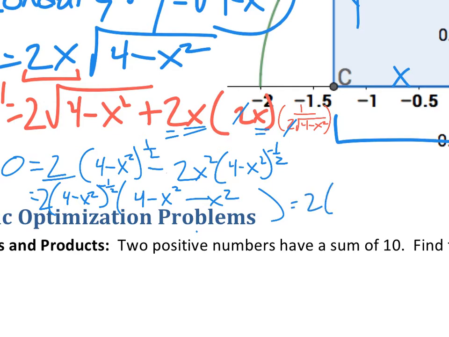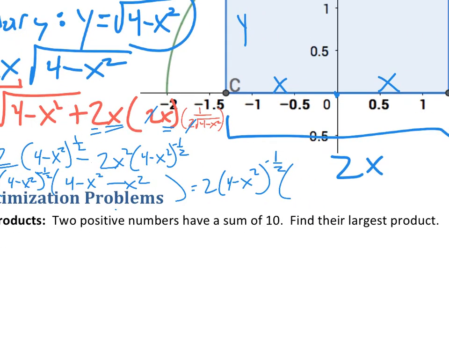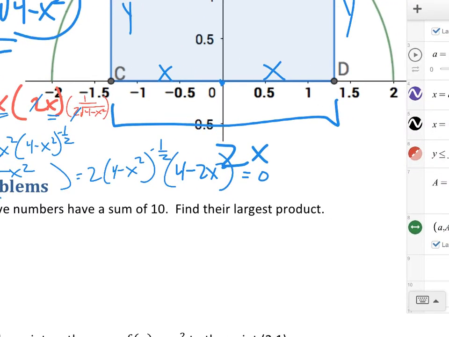And so we have 2 times 4 minus x squared to the negative 1/2 times 4 minus 2x squared. Okay. We want to find our critical point, set this equal to 0. And this is 0 when 4 minus x squared equals 0, or 4 minus 2x squared equals 0. One of those has to be 0.